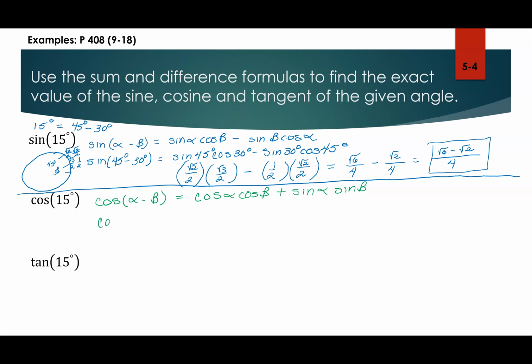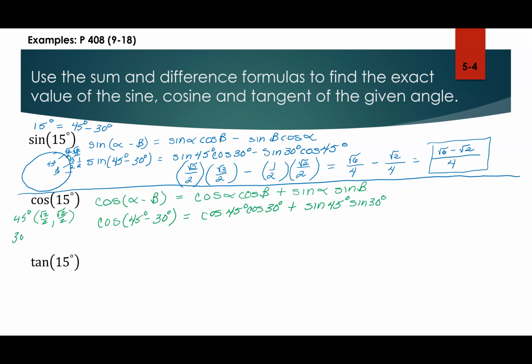Plugging in, again, just like before, 45 degrees for alpha, 30 for beta. We have cosine of 45 times cosine of 30 plus sine of 45 times sine of 30. Same coordinates as before. Remember, the 45 degree angle was square root of 2 over 2, square root of 2 over 2.